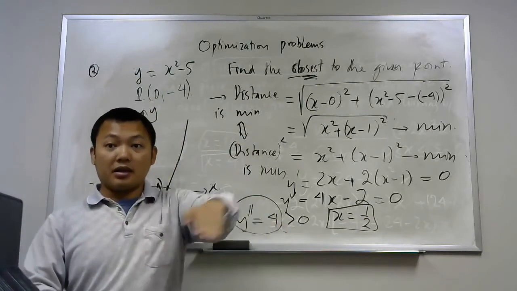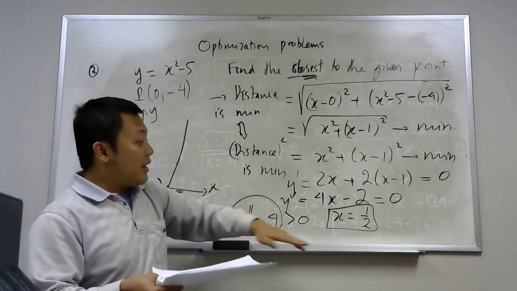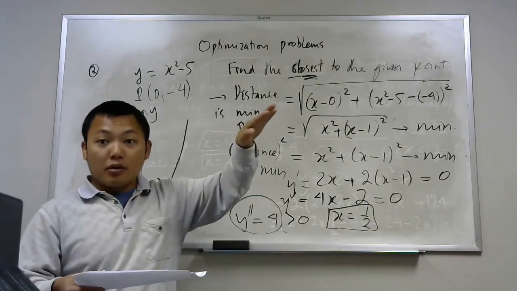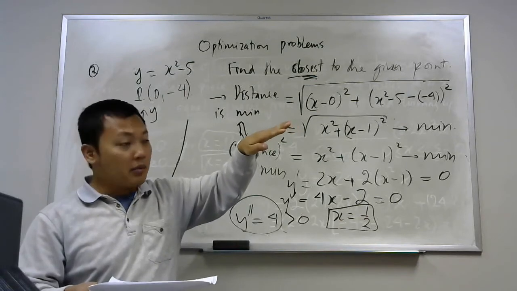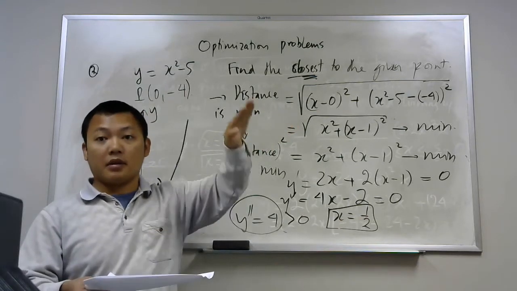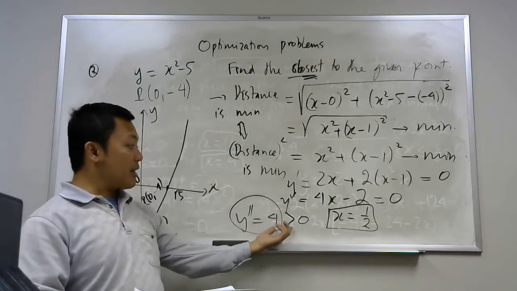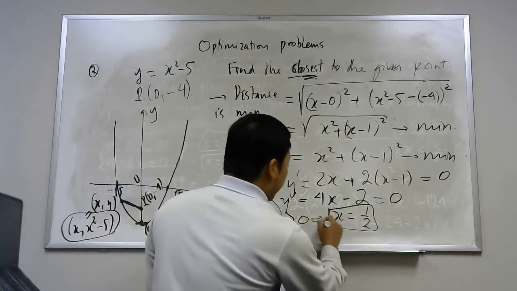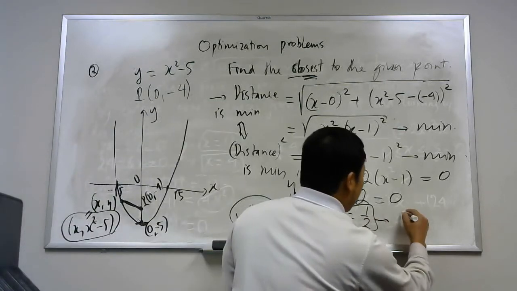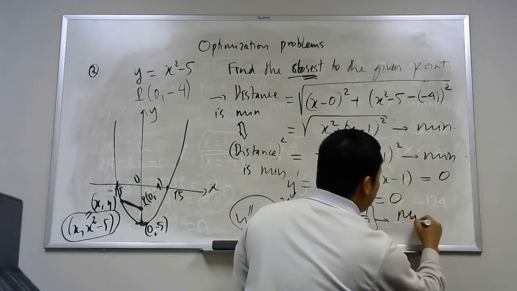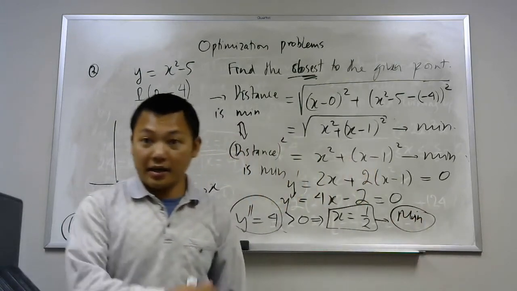So convex looks like this. In that case, the critical point should be a local, and not only local, but global minimum. Make sense? So since this is positive, I can conclude that this is the minimum.